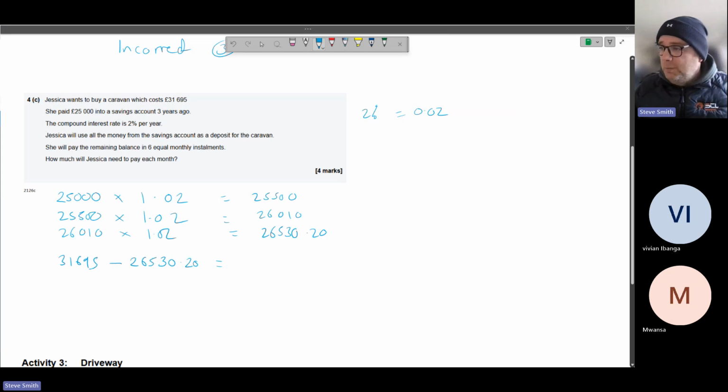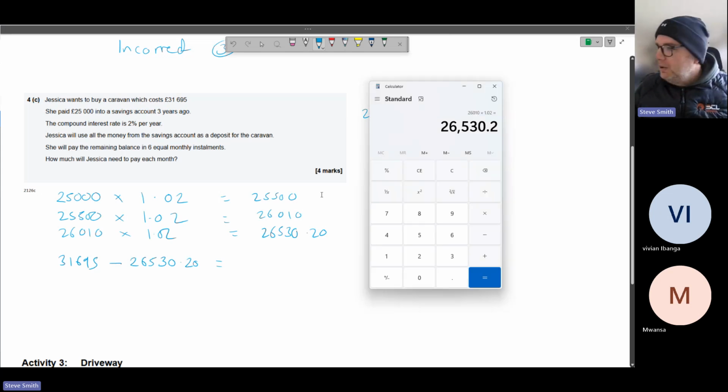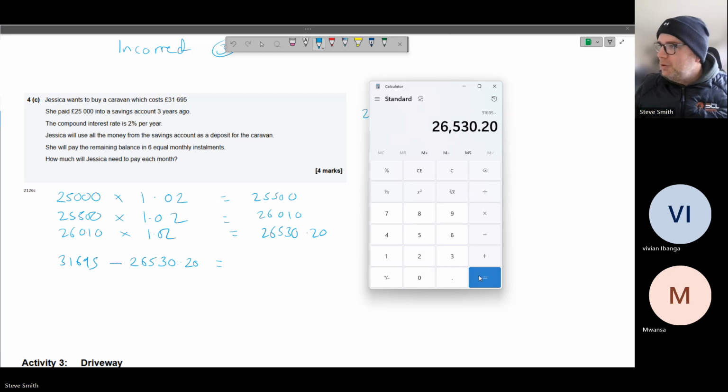That's what's left to pay. So let's get our calculator again. Left to pay, we've got 31,695 minus 26,530 and 20p. So left to pay 5164.80.